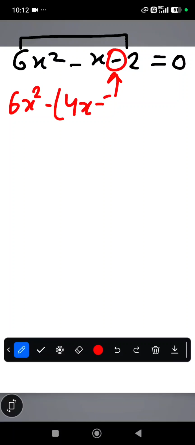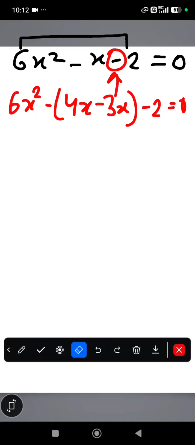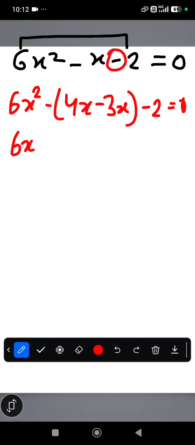I'm drawing the bracket for avoiding mistakes overall. Sometimes when we do it directly, there is a mistake with the minus sign. So 6x² negative 4x.